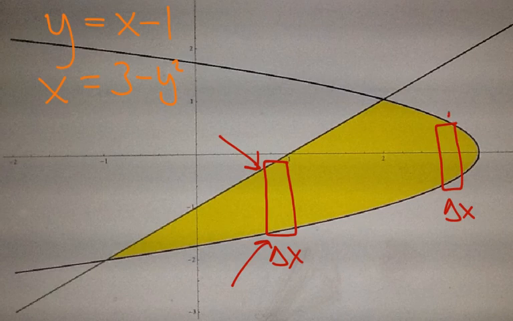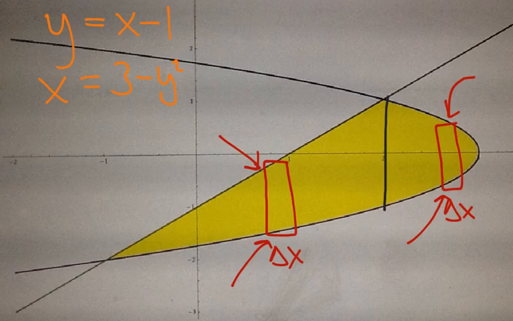But on the rectangle on the right, we have the upper part of the sleeping parabola on top, and over here we have the lower part of the sleeping parabola on the bottom. So we would really have to do this using two different integrals if we're going to do this using delta x, or with respect to x, because the functions bounding the rectangle change on different intervals.